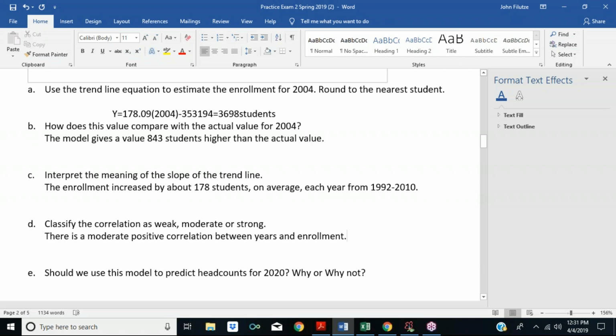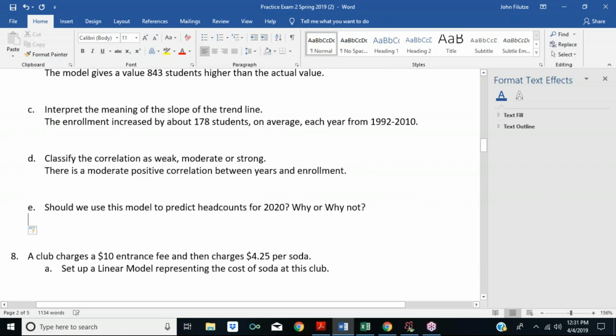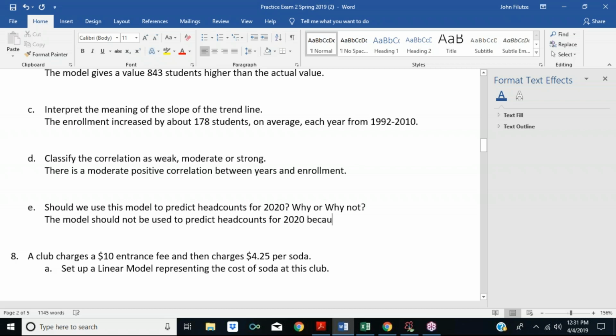And then another question that was missed a bit on the quiz was, should we use this model to predict headcounts for 2020? Why or why not? And the correct answer is the model should not be used to predict headcounts for 2020 because 2020 is outside the scope of the model.